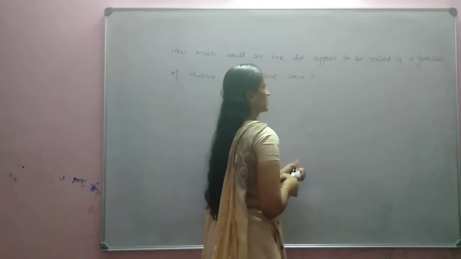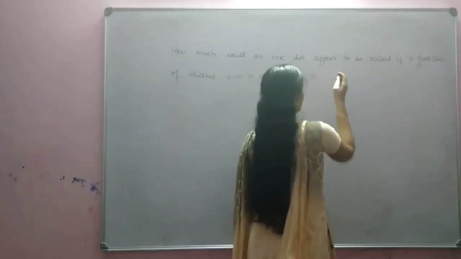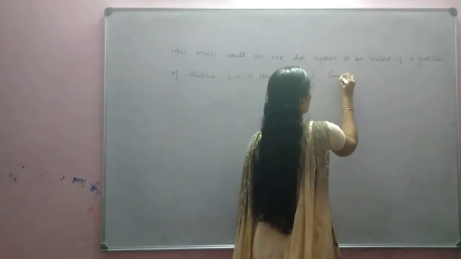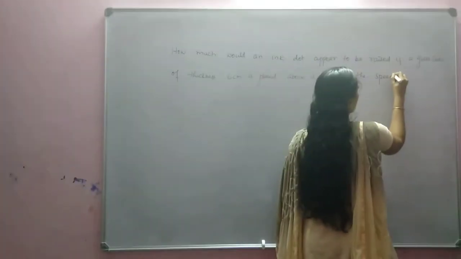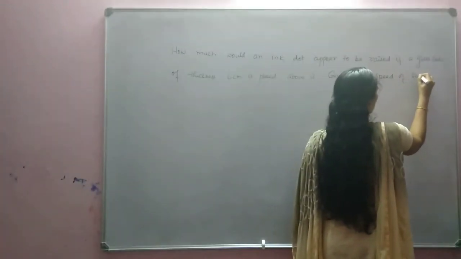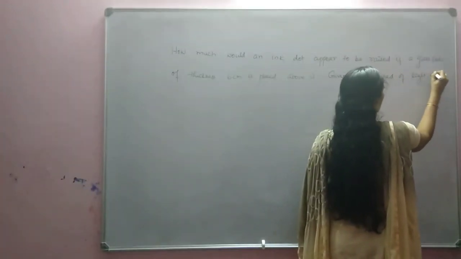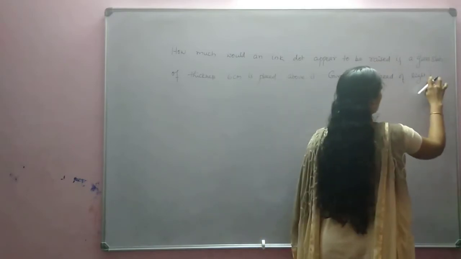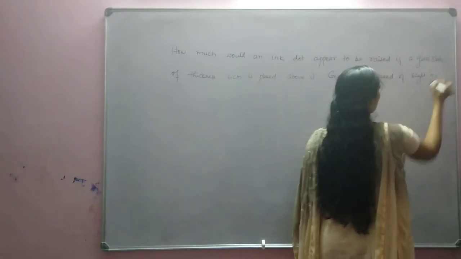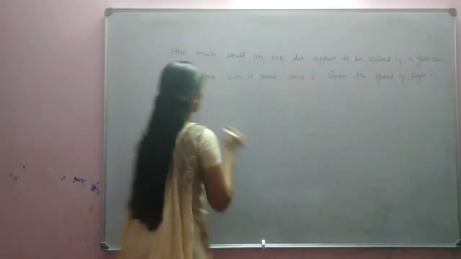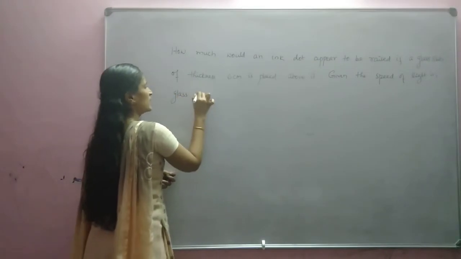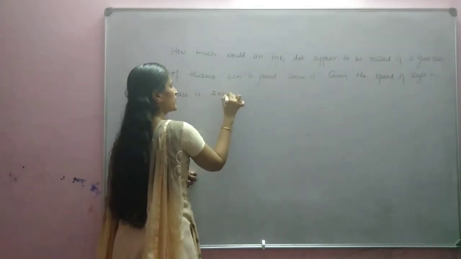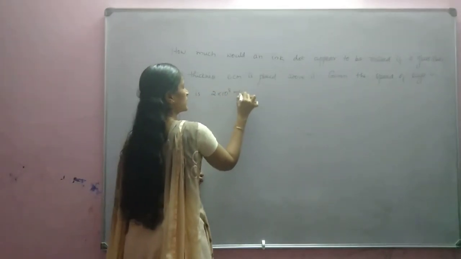Given the speed of light in glass is 2 into 10 raised to 8 meter per second.